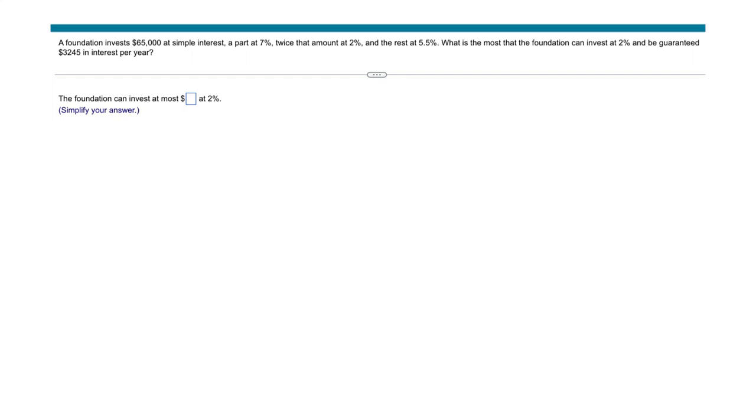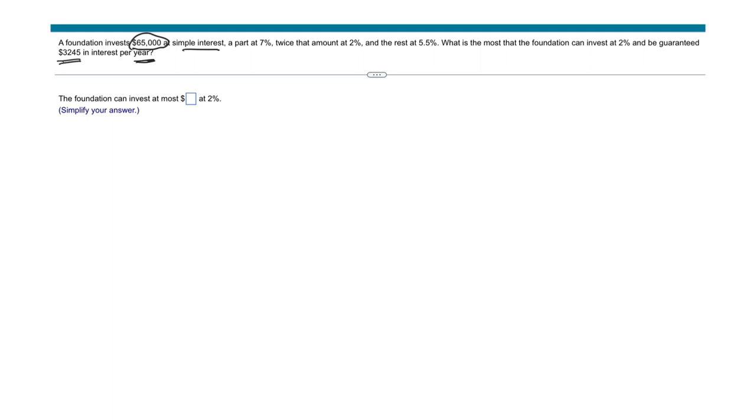Okay, here's a couple of questions that you can solve using linear equations, but there's relationships you have to worry about. So they say I've got $65,000 at simple interest, and they put it in there for 1 year, and at the end they make that amount of money.